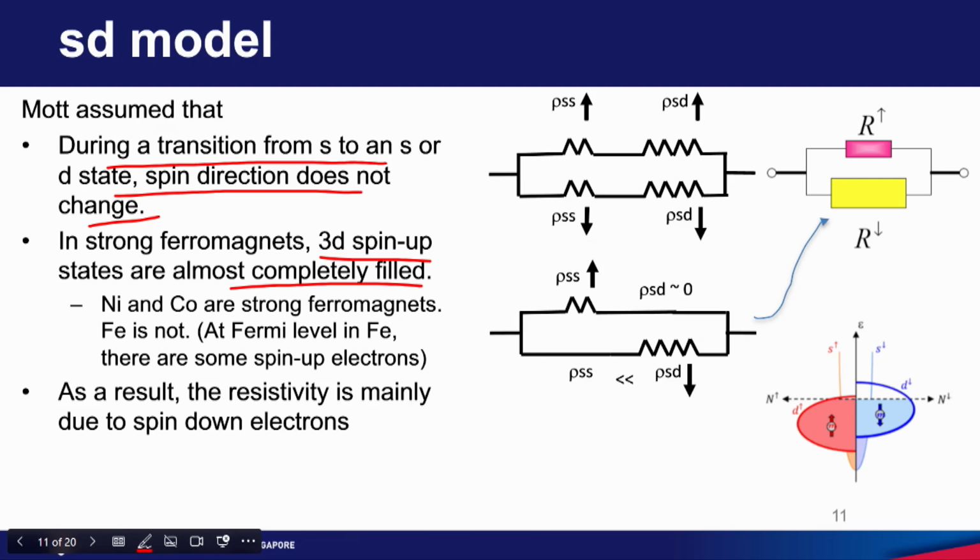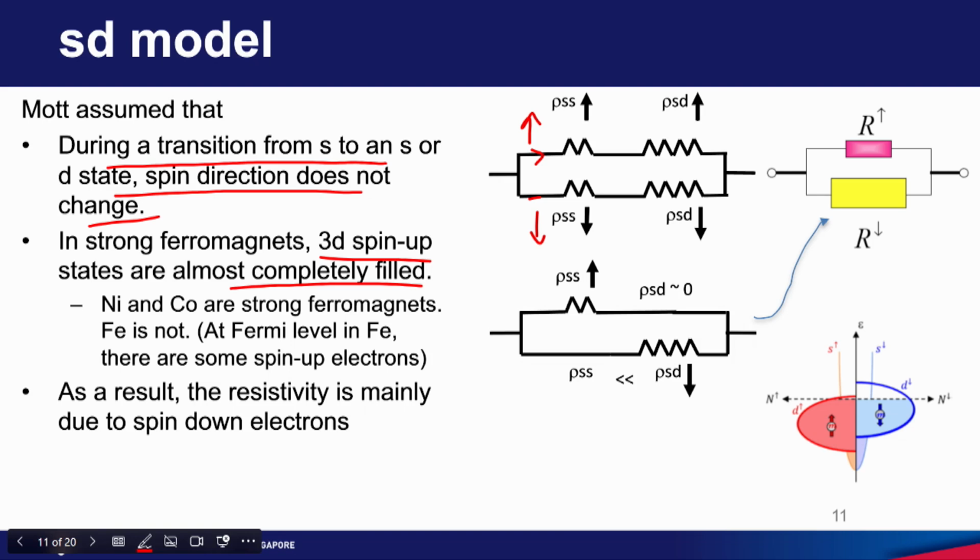Now we know that this channel is for spin up electrons, and we have another channel for spin down electrons. Spin up electrons have two possibilities: s up can get scattered into s up, or s up can get scattered into d up state.